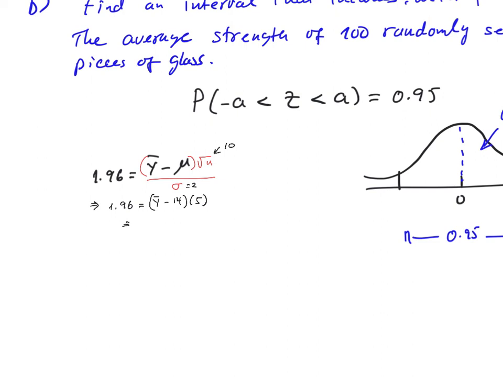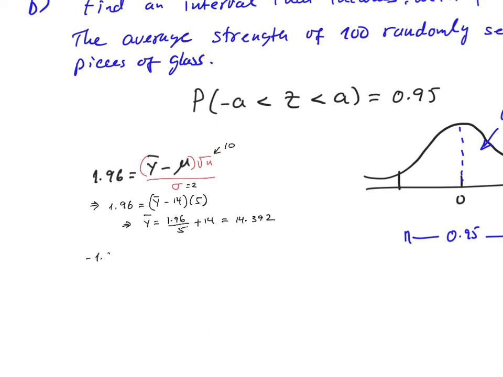So therefore, if you divide by 5, you're going to have that y bar is equal to 1.96 divided by 5 plus 14, which is equal to 14.392.